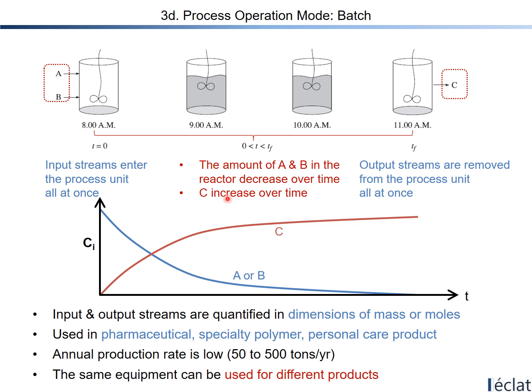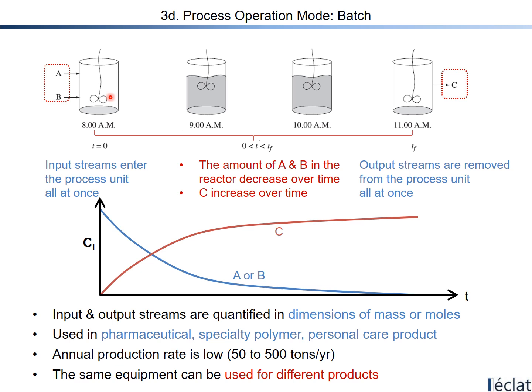Here are more comments about the batch mode. Input and output streams are quantified in dimensions of mass or moles, the amount, instead of mass per second or moles per minute, like a flow rate. Because I pour all of the reactants at time equal to zero, everything is there.